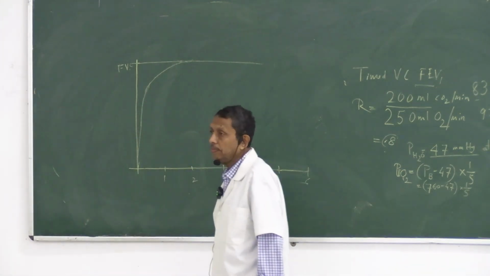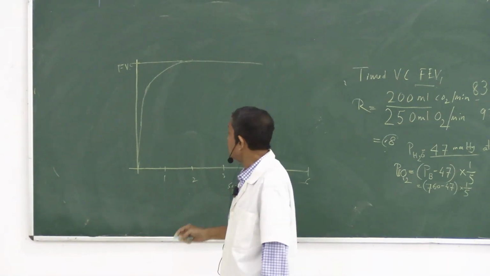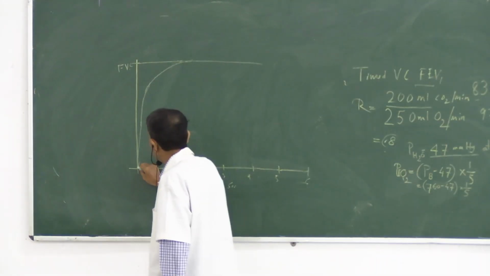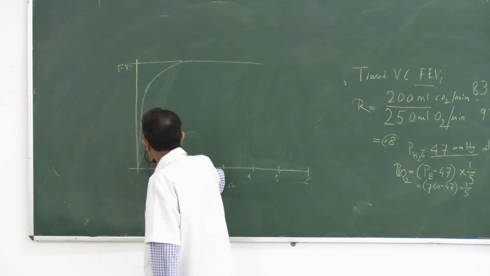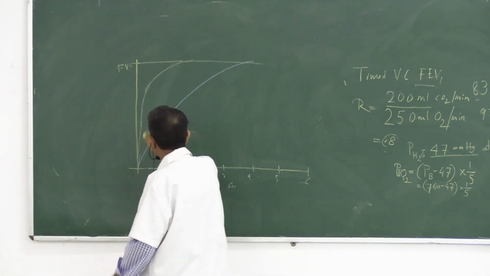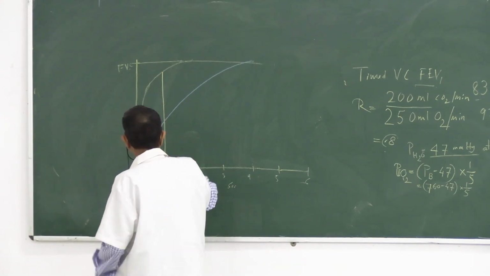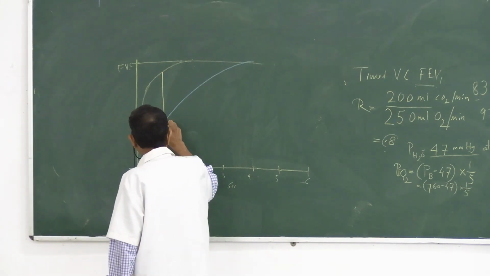It is the normal curve, but in some cases of obstructive airways disease, the vital capacity may remain the same, but it is in this fashion. That is, the FEV1 is reduced. And in the second case, it is the FEV1.